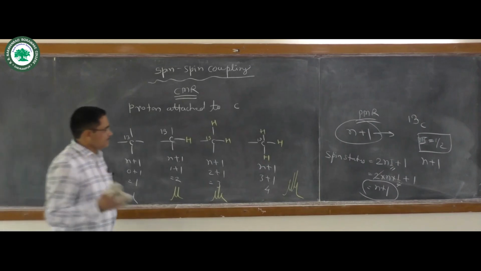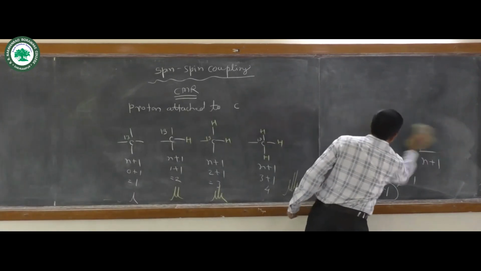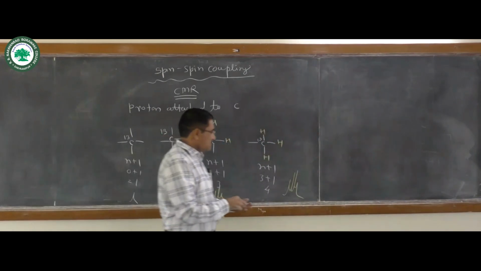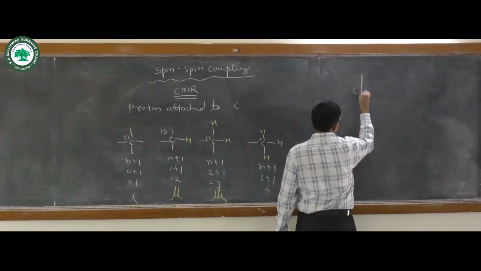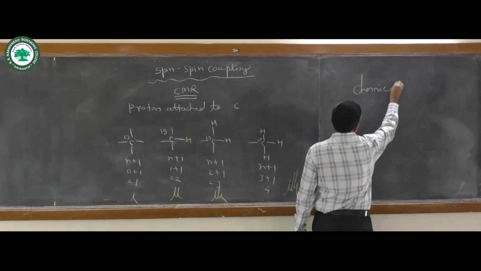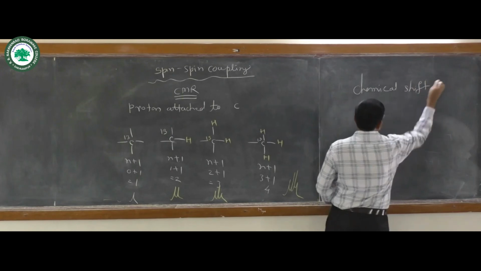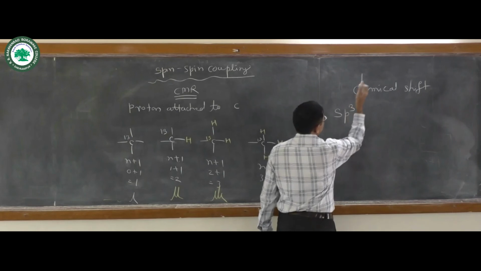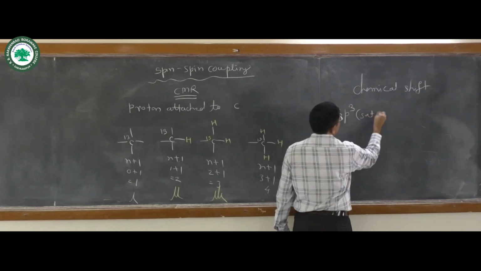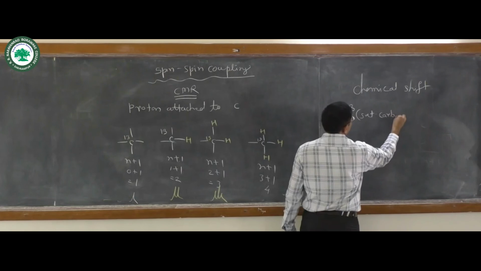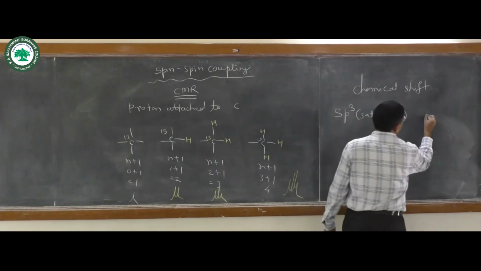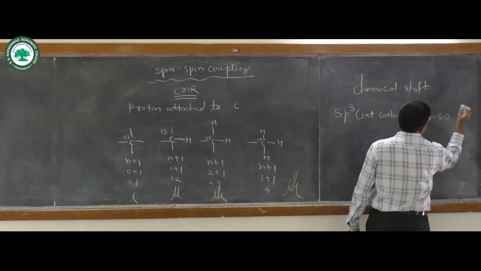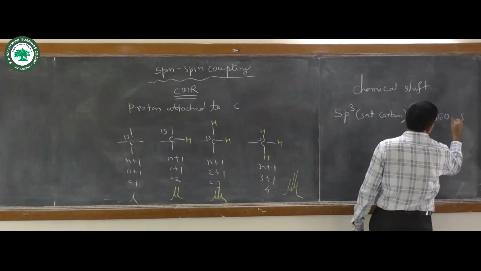And finally we will move towards the chemical shift. Here, suppose you consider the sp3 hybridized carbon atom, nothing but the saturated carbon atom, then the value is 8 to 60 ppm.